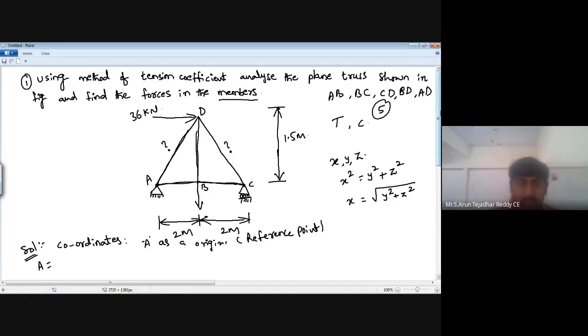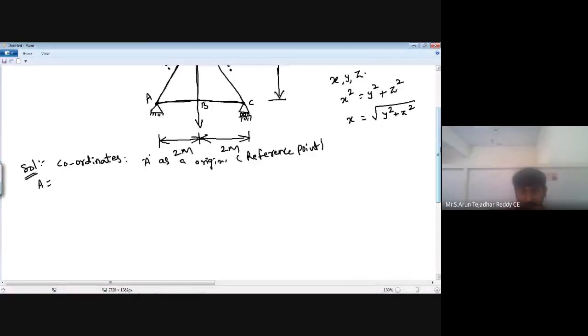See here, this is point A. At point A, is there any x direction length? Is there any y direction length? No. At point A there is no length, so the coordinates are 0, 0.